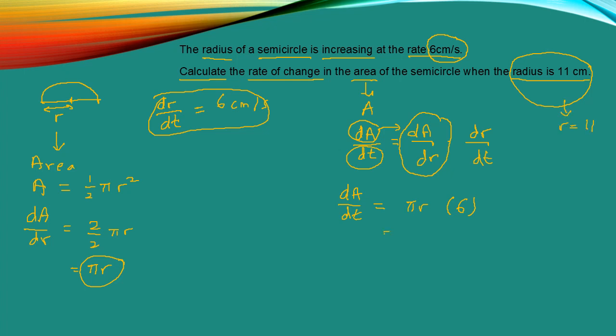So we substitute r equal to 11 multiplied by 6. Now we get 66 pi. So the change of area, dA over dt, is equal to 66 pi. Our unit just now was cm per second, so for area it must be cm squared per second.